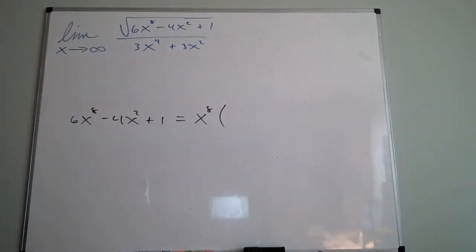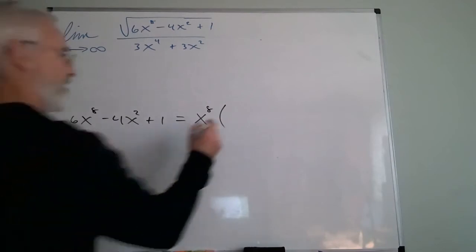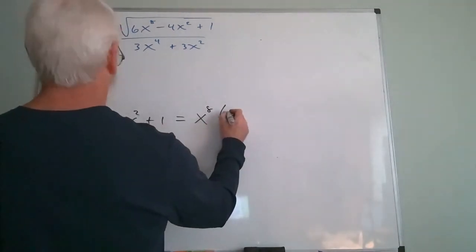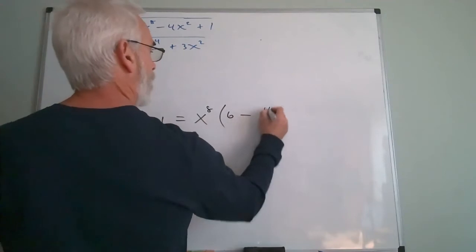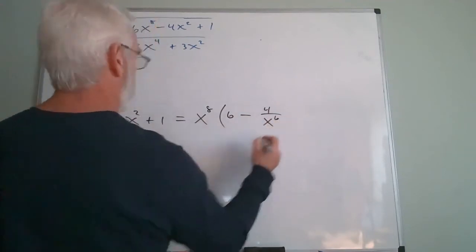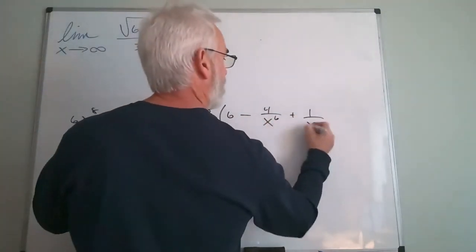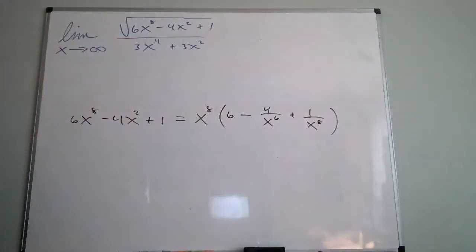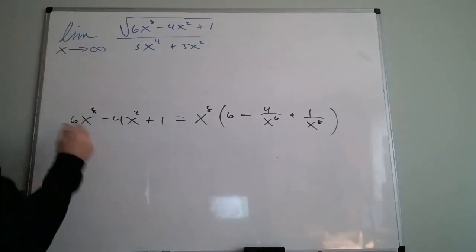Well, how do I factor that out? That's actually quite easy. What will that leave me with? 6 minus 4 over x to the 6th plus 1 over x to the 8th. I know that's correct because if I distribute, I'll get back. Now, why would I want to do such a thing?